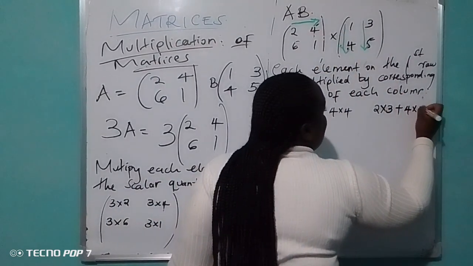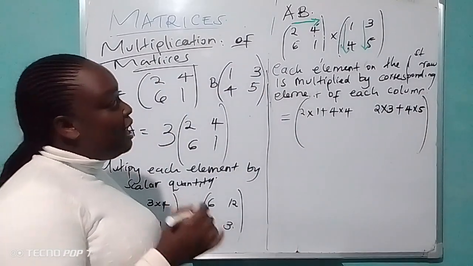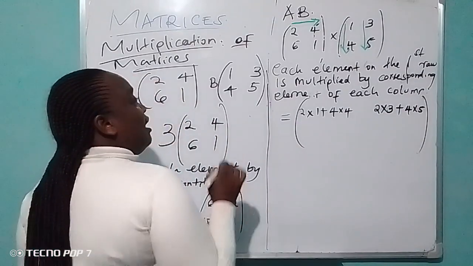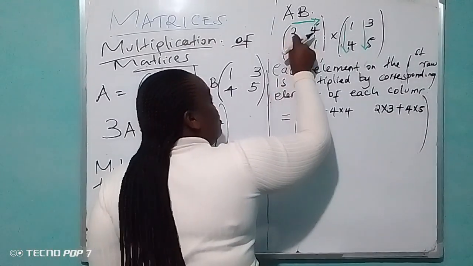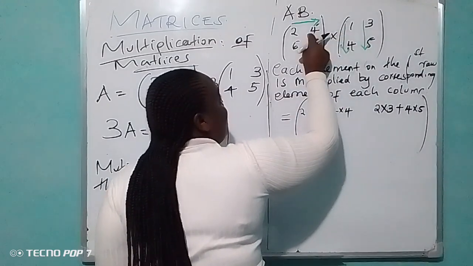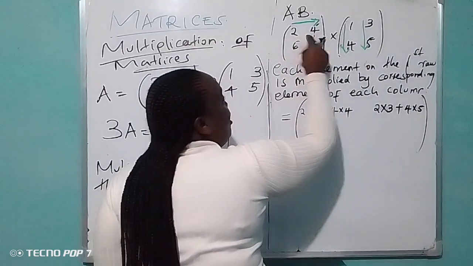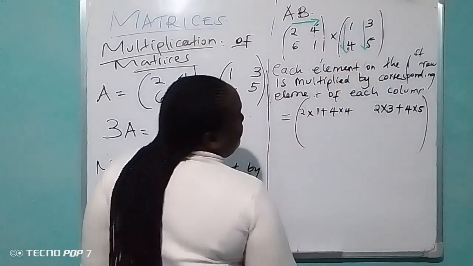So we multiply the first row with each column's corresponding elements: 2 times 1 plus 4 times 4, and 2 times 3 plus 4 times 5.